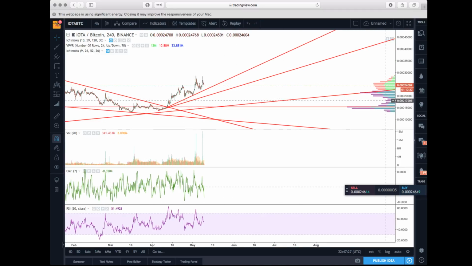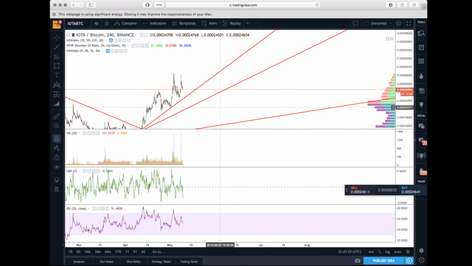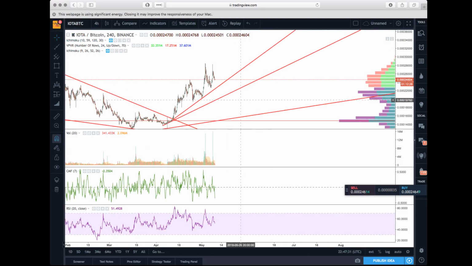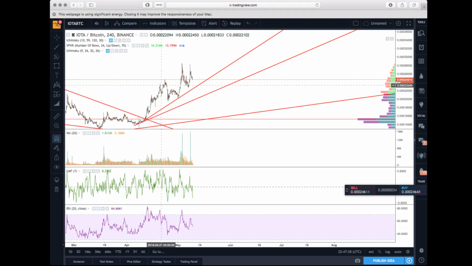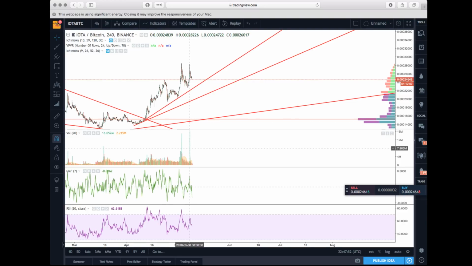Because looking at IOTA right now, the midterm trend, or the interim trend, is certainly bullish. You've got boom, like this, like this. This though, it's a sign that some momentum is slowing. That's all. But that could be a false sign because of this huge buy.